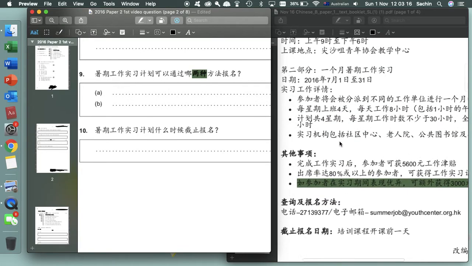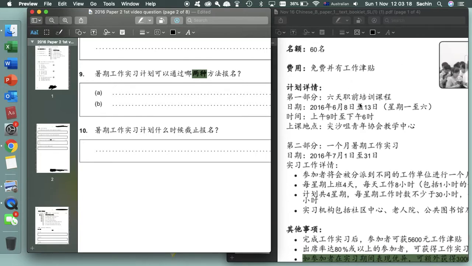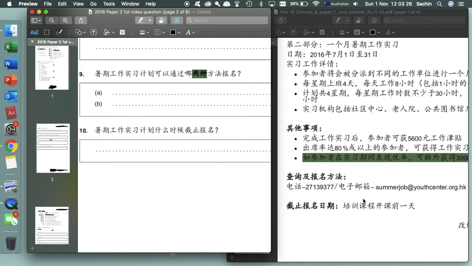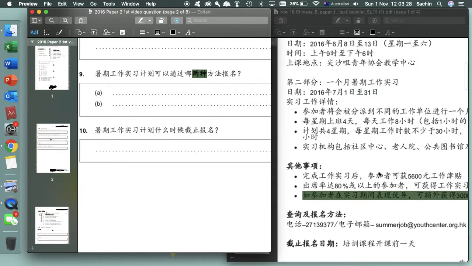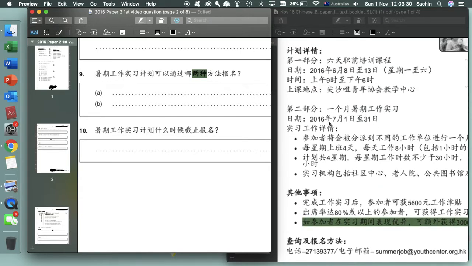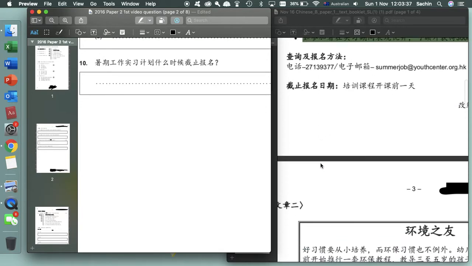And this refers back to the first part. So if you check up the first part, the practice course starts on the 8th of June. So what you're going to do is you can probably put the 7th of June. And that will probably get you the 1 mark as you've referenced the specific time. So yeah.